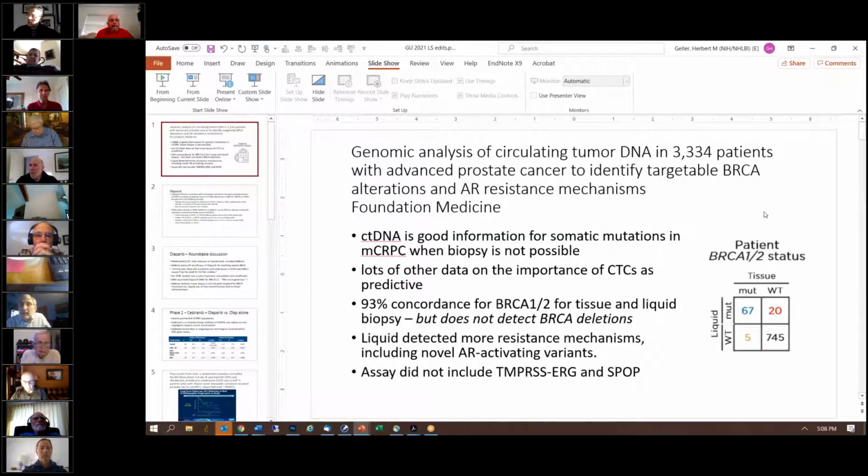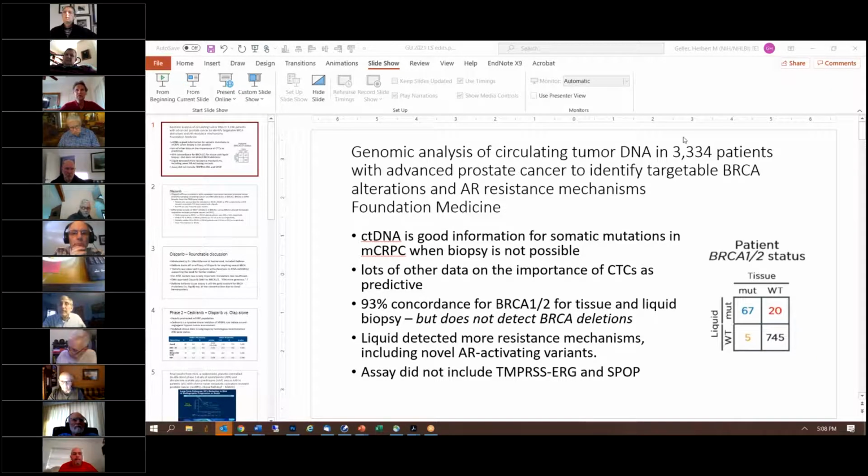De Bono, in a roundtable discussion, said that for him tissue was still the gold standard, and that there are issues with the liquid biopsy if the amount of mutations is very low, and there could be some interference from something called clonal hematopoiesis.